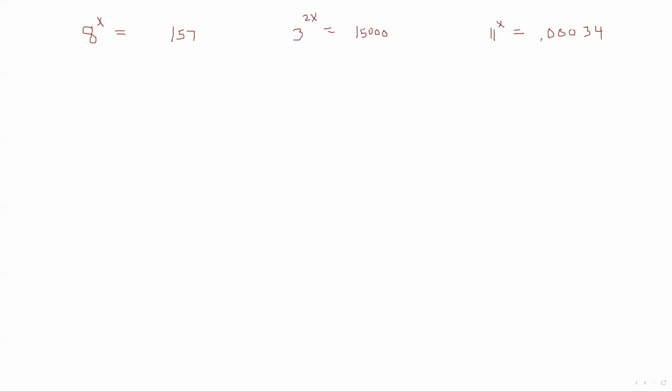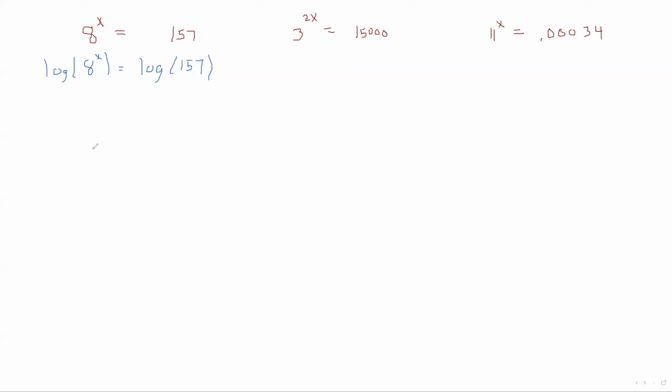Let's remember that in each of these cases, we've got an exponential expression. We've got a variable in our exponent. So we are going to need to use a logarithm to solve this. We're going to need to do log of 8 to the x is equal to log of 157. What is the base of our exponent? 8.